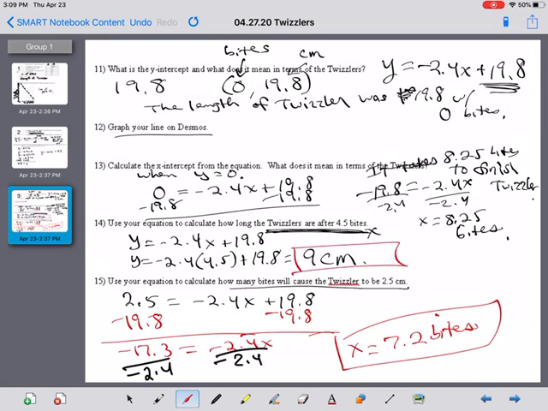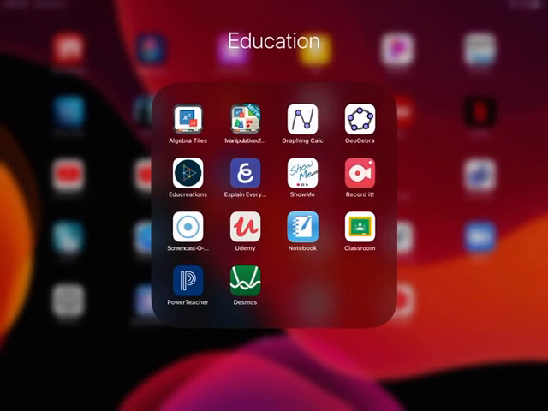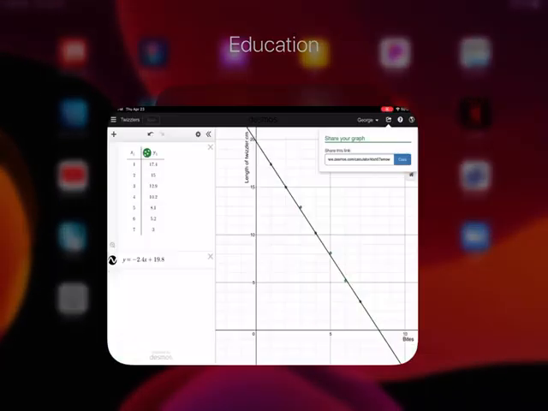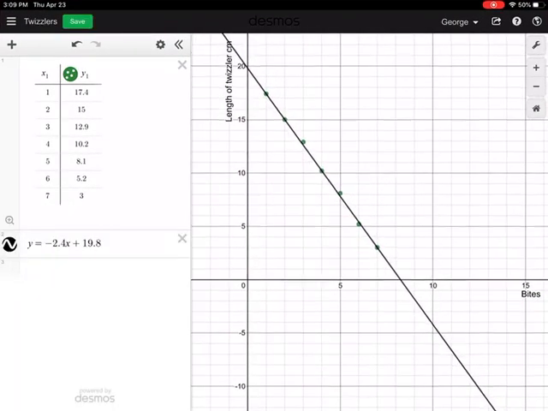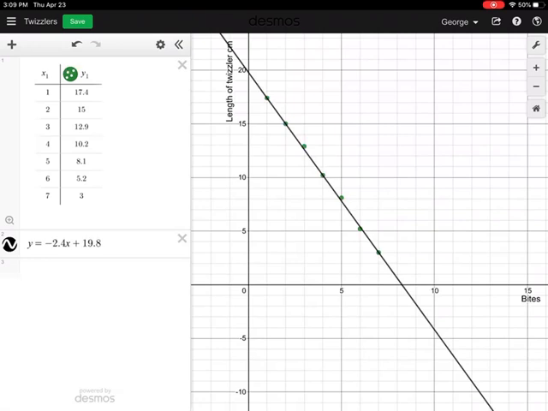So you can actually look at your graph and see how all of these answers make sense. So here, let me just show you the purpose of the graph, Desmos. Okay. So you can see the x-intercept by clicking on the graph, 8.25.